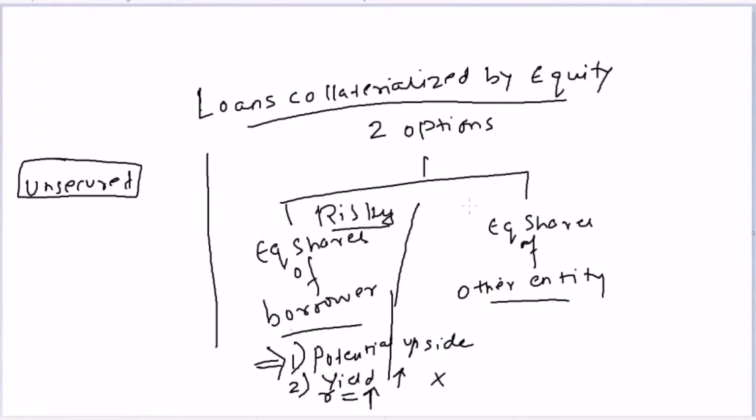Now let's look at the second option, which is equity shares of another entity. Of course, you have lent to a particular borrower, let's say X, which is into paper manufacturing. However, you have got collateral of another firm, let's say, which is into steel manufacturing.